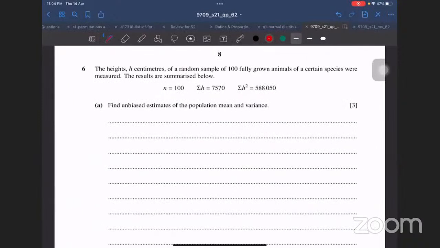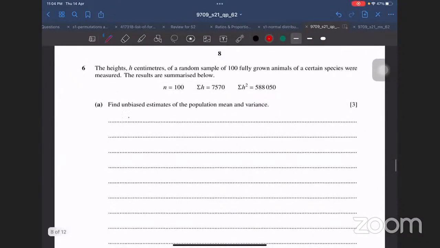Question number 6. It says the heights in centimeters of a random sample of 100 fully grown animals of a certain species are summarized. Find unbiased estimates of the population mean and variance. So x bar should be 7570 divided by 100, 75.7.